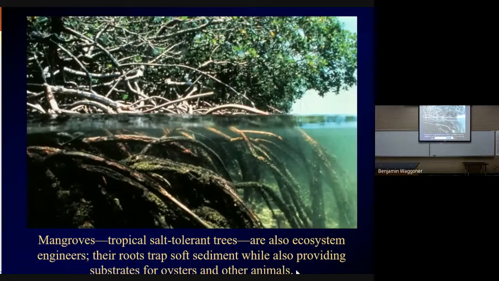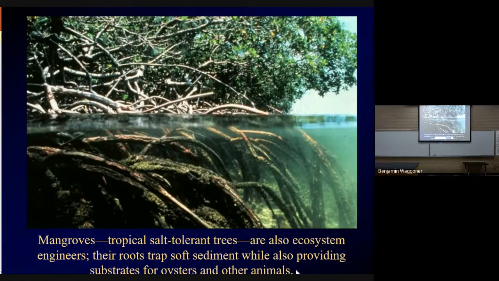Their roots trap soft sediment, which means that mounds of sediment build up that critters can colonize. There are species that specialize in living on the roots and may not live anywhere else. There are species that feed on the species that live on the mangroves and so on. There's a whole community hanging around on mangrove roots.